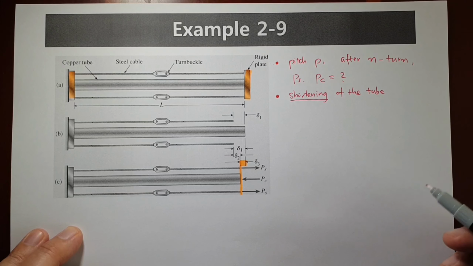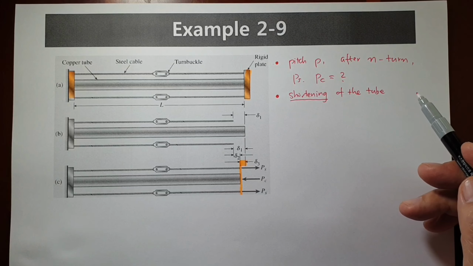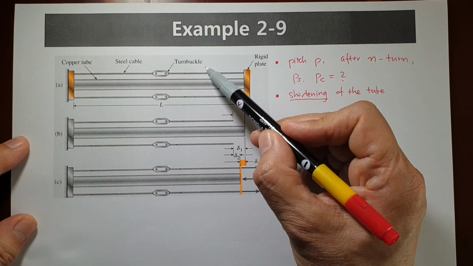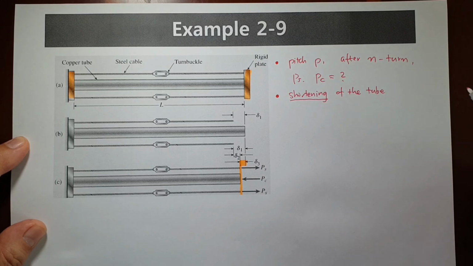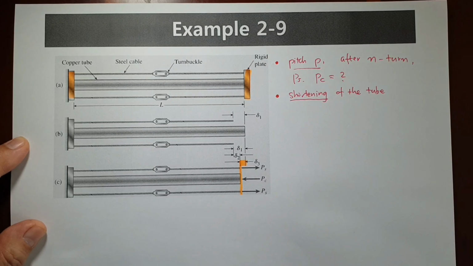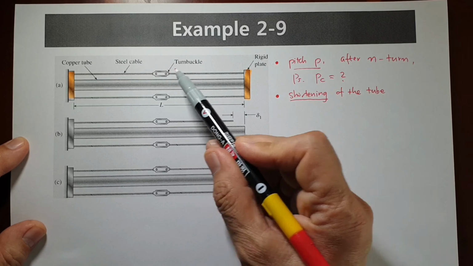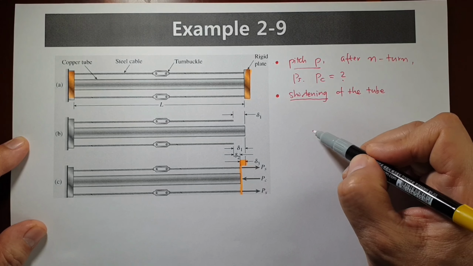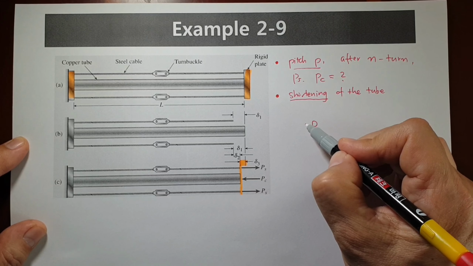Okay, at first let's think about the turnbuckle. When you turn the turnbuckle here, we have 2 points, 1 point there, 1 point there. What is the pitch? When you rotate one revolution, the movement amount is the pitch. In this case, you have two systems, left and right. When you rotate one pitch, then the total change is 2p.